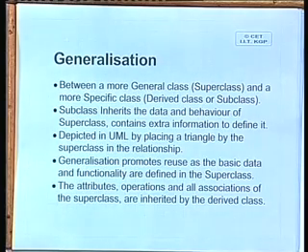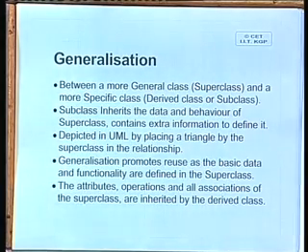Alright, so in generalization, the basic idea is that you have a class, the so-called superclass, that's the general one. In the example I gave, the employee is the superclass, and the pilot as well as the crew will be the derived class or so-called subclass.